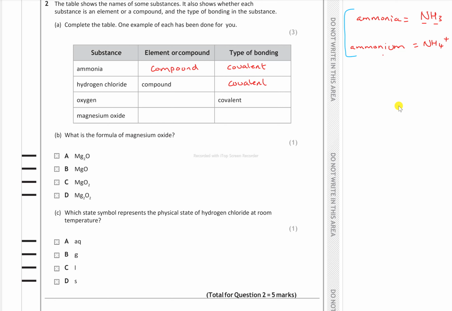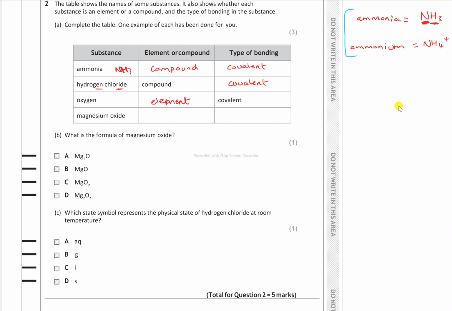How do I know that? Non-metal, non-metal. So for ammonia, it's NH3, they're both non-metals. Oxygen, right, it's an element.